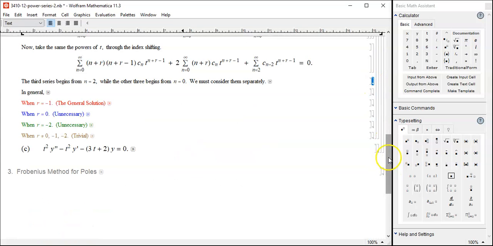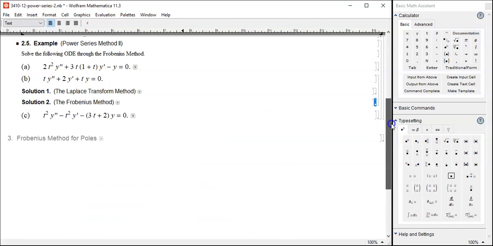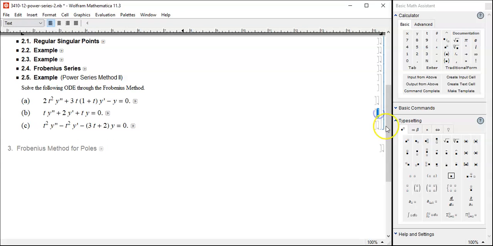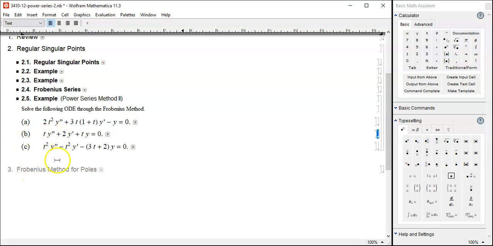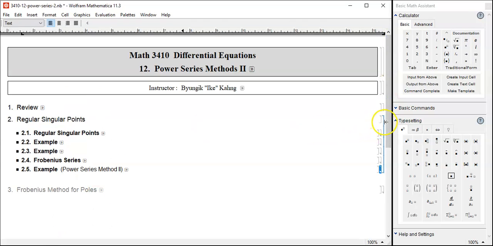In any case, that's the kind of situation you're going to get if you have just one r value, or the difference is 0, or two r values but the difference is an integer. So even though we have two different Frobenius series, they overlap and end up being the same thing, and we have to consider something else. That something else is going to be considered in the next example, and that's something we're going to discuss in the next video. Okay, let's stop here.